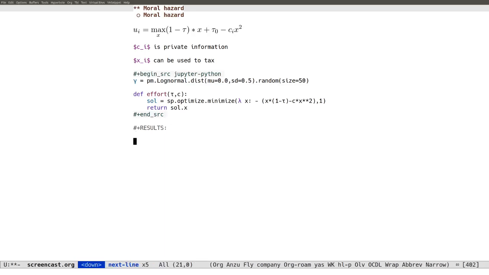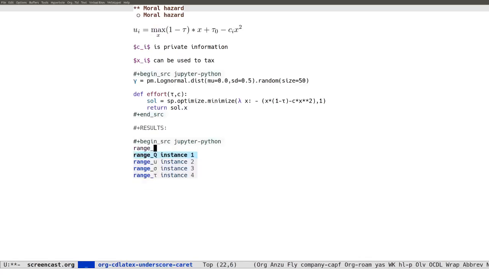Just to see what this gives us, this is one part of the trade-off that the government faces.